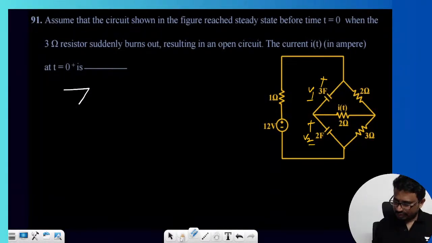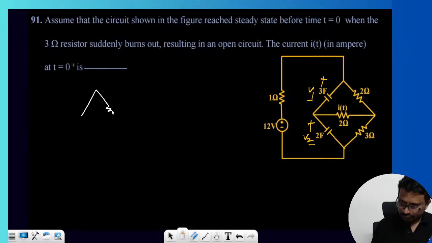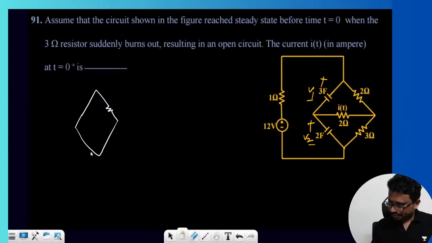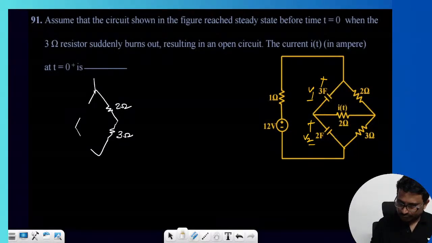Now how are these capacitors placed? If you draw this bridge, they have given this as a 2 ohm and this as a 3 ohm, and the two capacitors are placed like this.